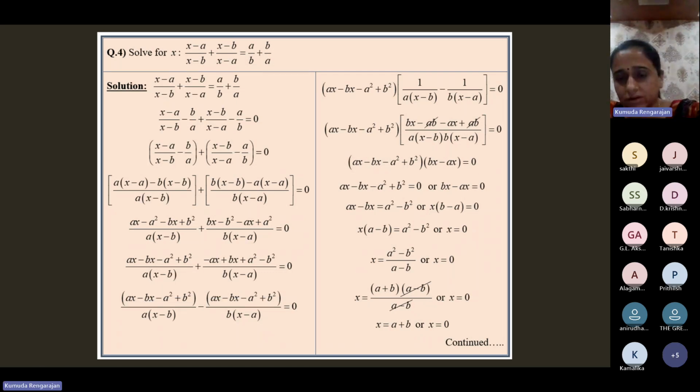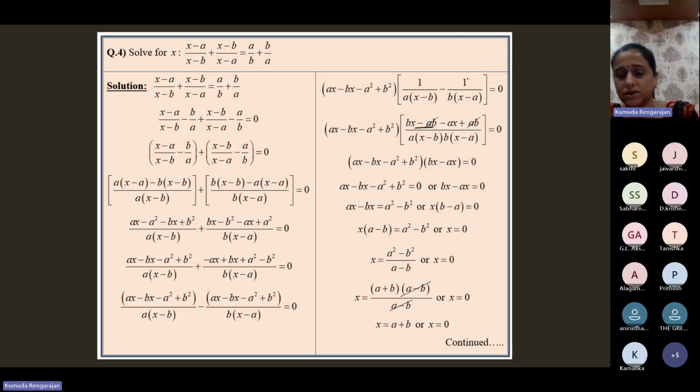Now again, common denominator. Again, LCM. So multiply these two, the product is the LCM. So when you write this here, it will be bx minus ab.